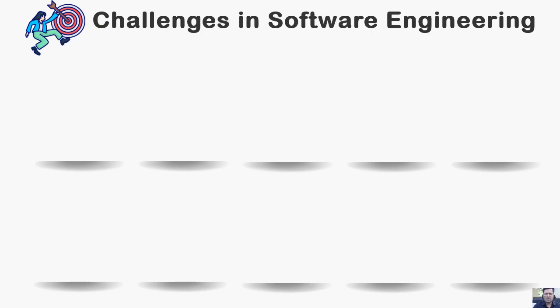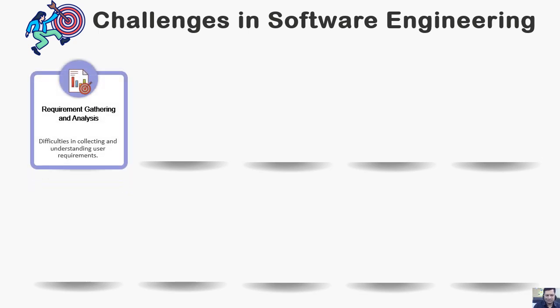So these are the tools and technologies that we have covered. Now next, what are the challenges that we face in software engineering? The first one is requirement gathering and analysis. This is a very difficult task because gathering all the requirements from the customer is very difficult.